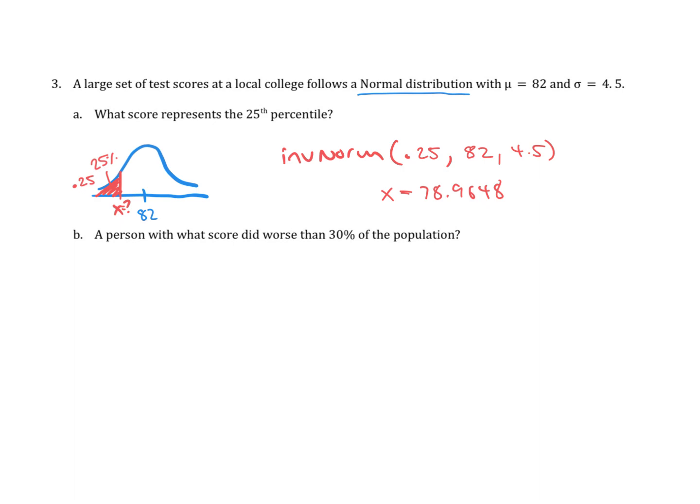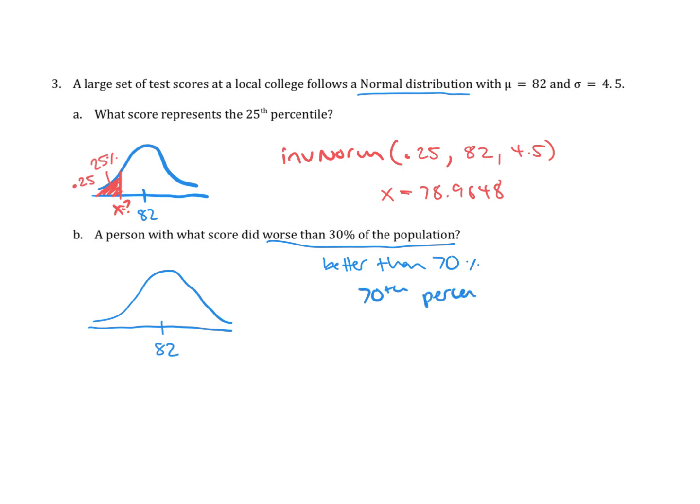A person with what score did worse than 30% of the population? If you did worse than 30% of the population, that means you did better than 70% of the population, which is the 70th percentile.